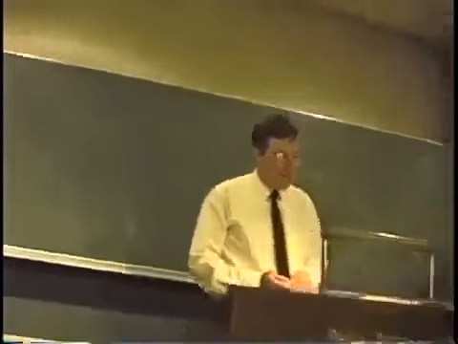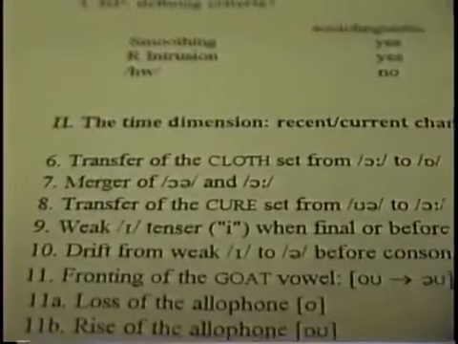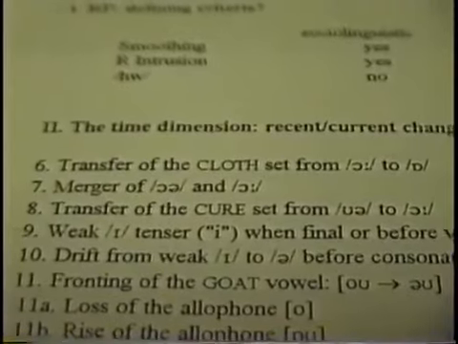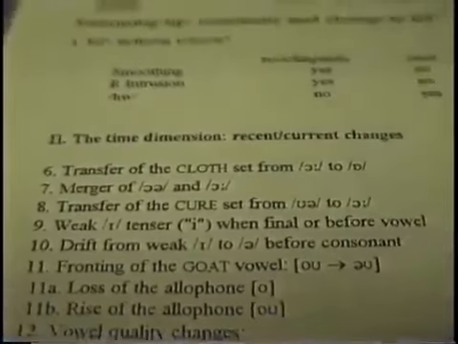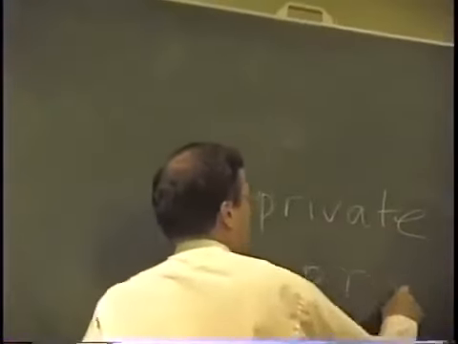Point 9, we've discussed this several times. This is the tensing of the short I. Finally, happy, becoming happy, or before a vowel, happier, becoming happier. Point 10, we've discussed as well, the drift from the short I to the schwa before consonants in words like visibility and carelessness. Give another example. My father pronounced this word as private.